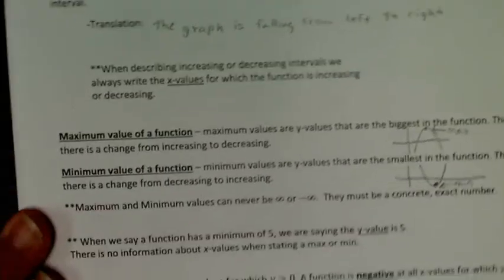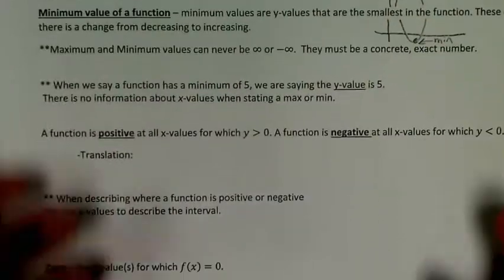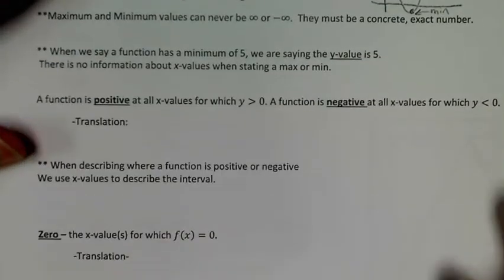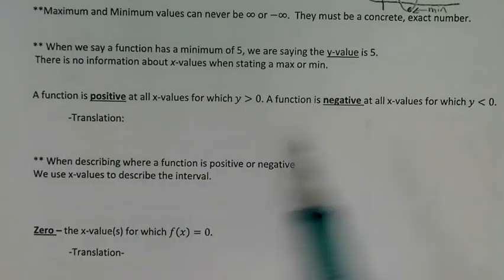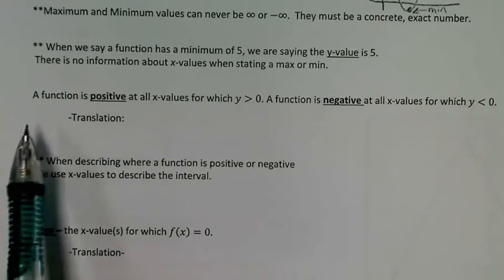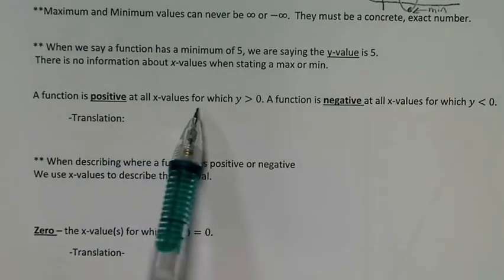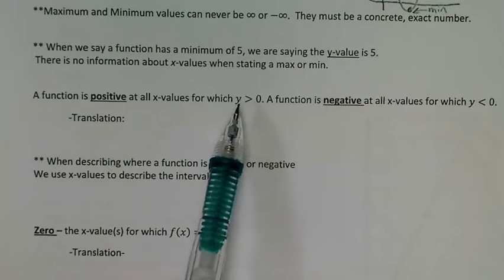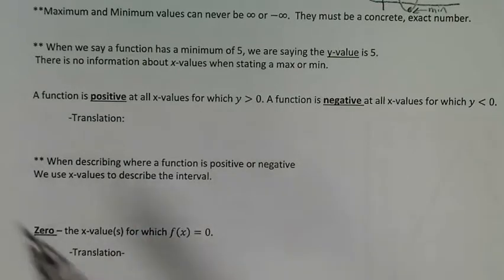All right. The last new piece of information, well, second to last, I guess, is positive versus negative. So a function is positive at all x values for which y is greater than 0. So how can we translate that? What does it mean for a graph to be greater than 0, for y to be greater than 0? That means above the x-axis.